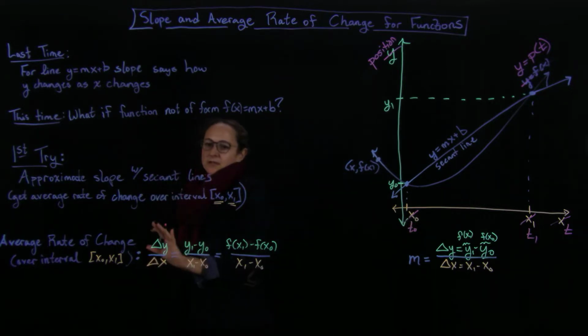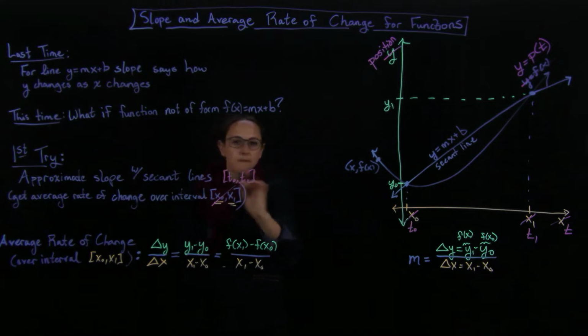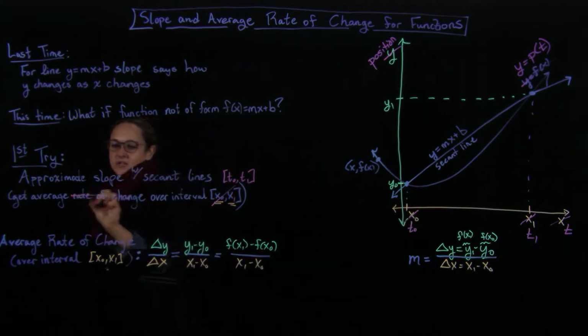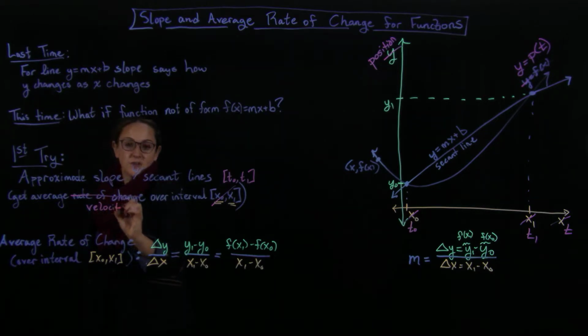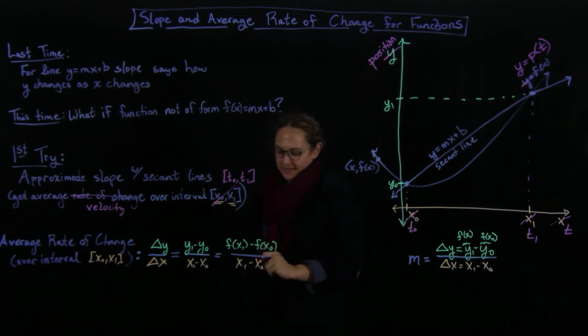Now we're looking at the interval t0, t1, because our inputs are time inputs. Then this rate of change, just to keep this straight in our mind, is the velocity. If you want the average velocity on that interval, you would look at the secant line through those two points.